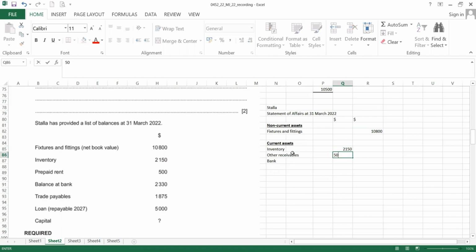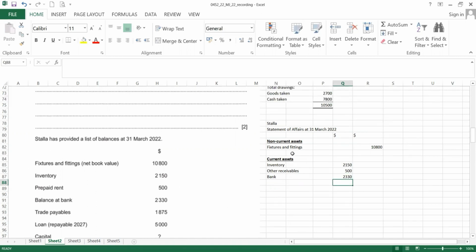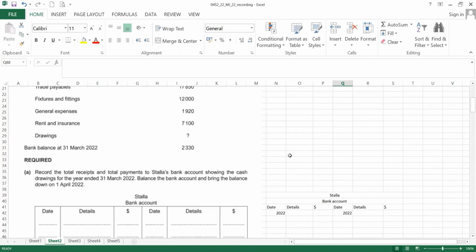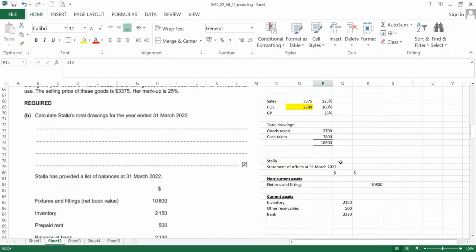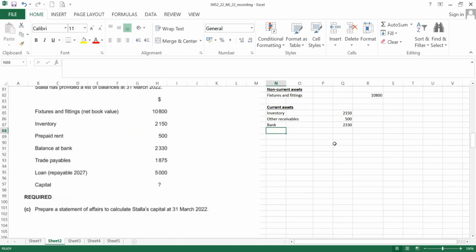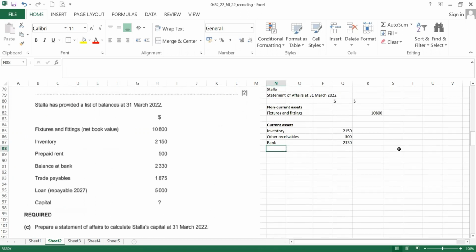Other receivable 500. Bank is 2330. Then what else? Any more? That's all. So these are the items that we have, 3 items only. So we add the total first.